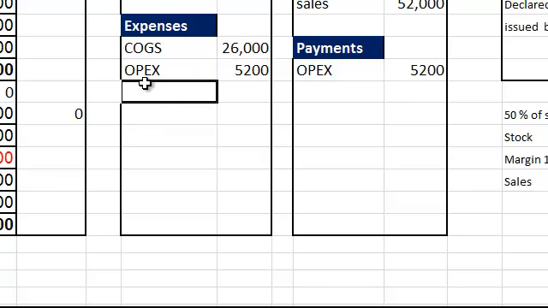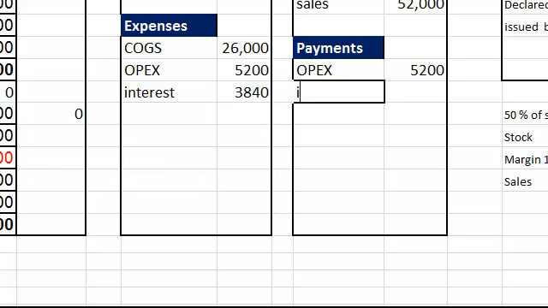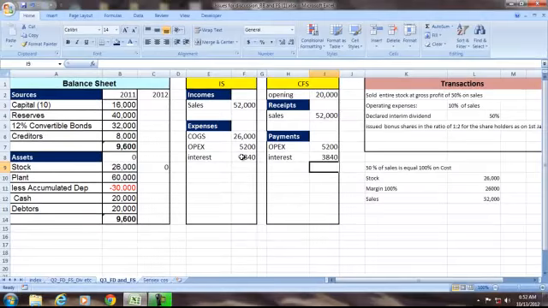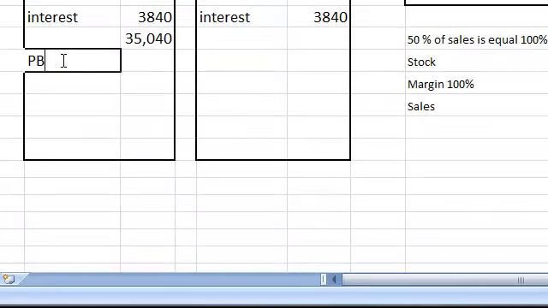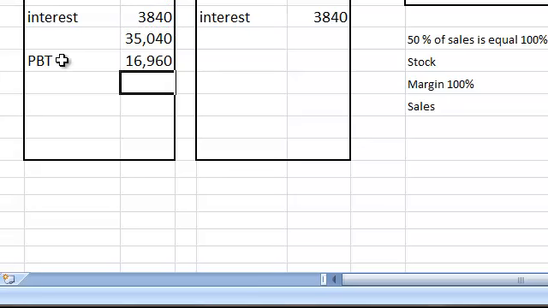No other expense given. So let us record interest on the bonds, and interest on bond is 12%. So interest is also an expense and cash flow. If we don't pay the interest, we have to create an outstanding interest, a liability. So we can sum up these expenses and find PBT, profit before tax, 52,000 minus 35,000.